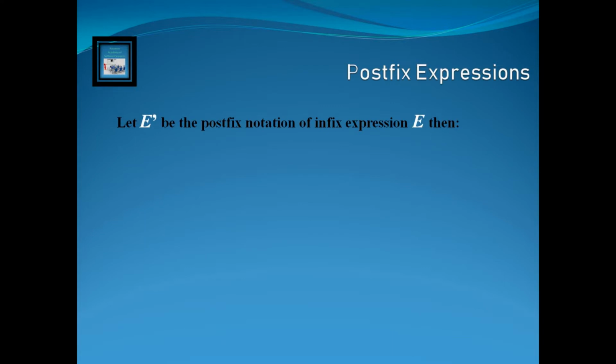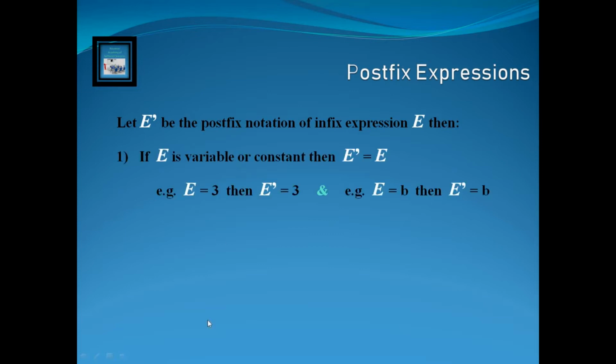Now we will see how to convert such infix expressions to postfix forms. For example, E represents the infix expression, and E prime is going to represent the corresponding postfix expression.